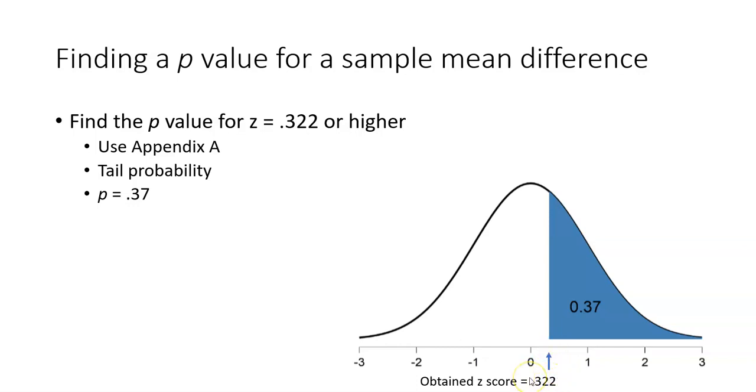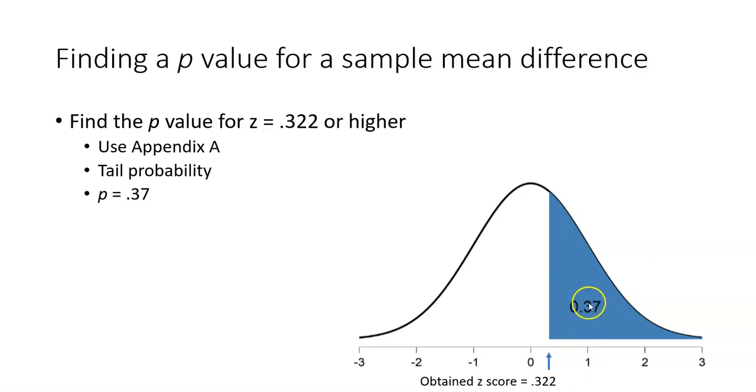Then if you look up in Appendix A a z-score of 0.32, and look in the tail, because that's what this is, a tail, you will find that the p-value for a z-score of 0.32 is 0.37.